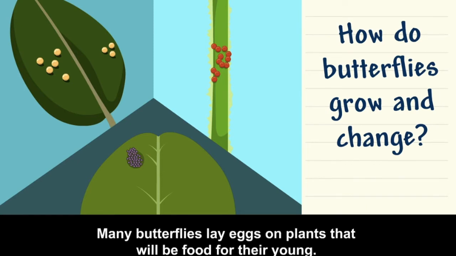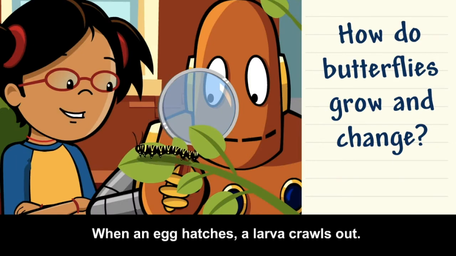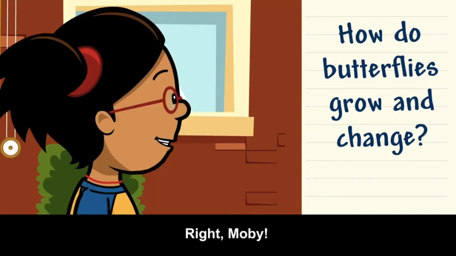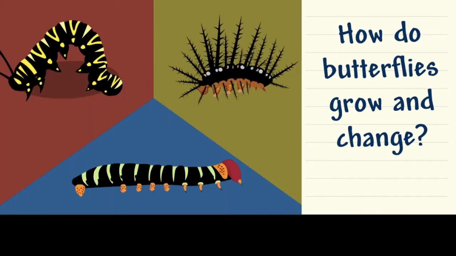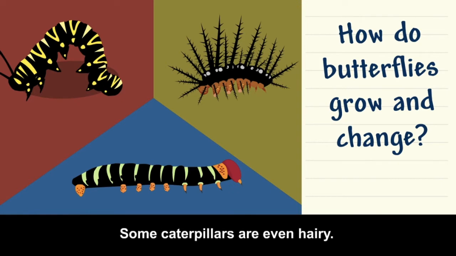Many butterflies lay eggs on plants that will be food for their young. When an egg hatches, a larva crawls out. Right, Moby. The larva is called a caterpillar. Caterpillars can be colorful and have different patterns. Some caterpillars are even hairy.